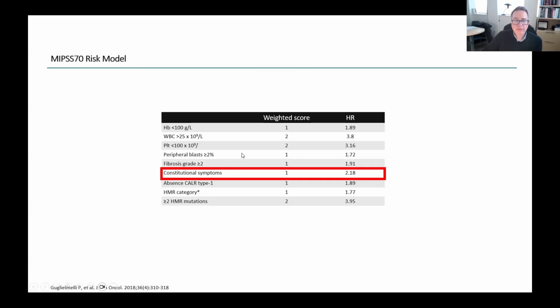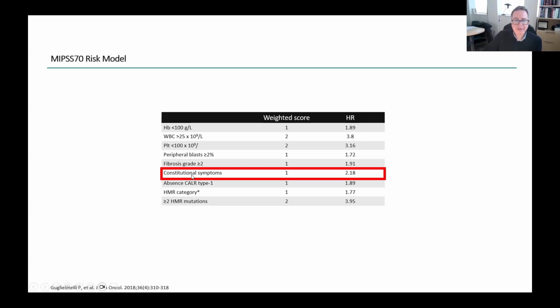So if you look at what makes it into this model, it's having anemia, having a high white count, having a low platelet count. These are blood count issues, blasts, immature cells circulating in the blood or within the bone marrow, fibrosis or scarring in the bone marrow. Molecularly, not having a calreticulin mutation or having other high molecular risk mutations or multiple mutations.